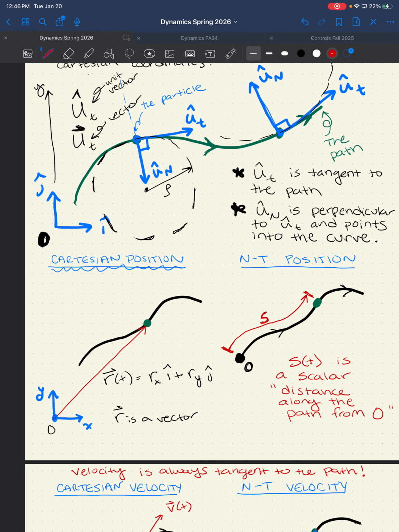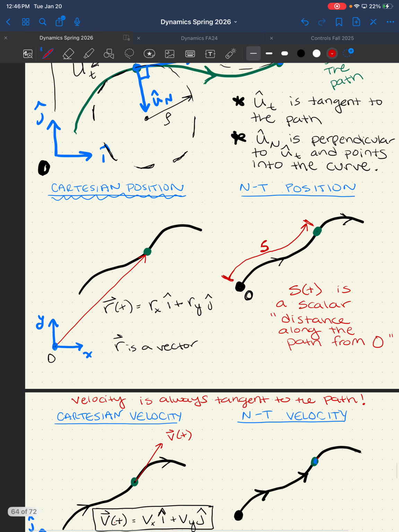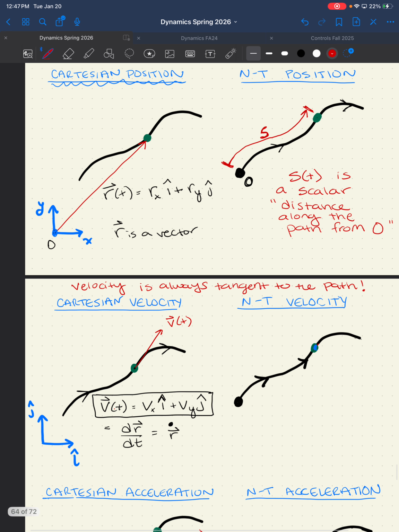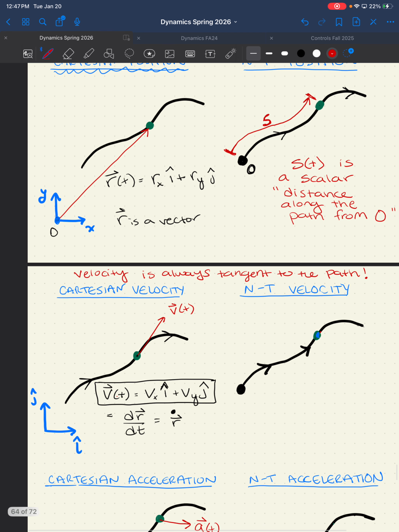Okay, let's move on to velocity. Velocity is always what? Tangent to the path, absolutely. So no matter where I am or what coordinate system I use, the velocity vector is always going to look like this.